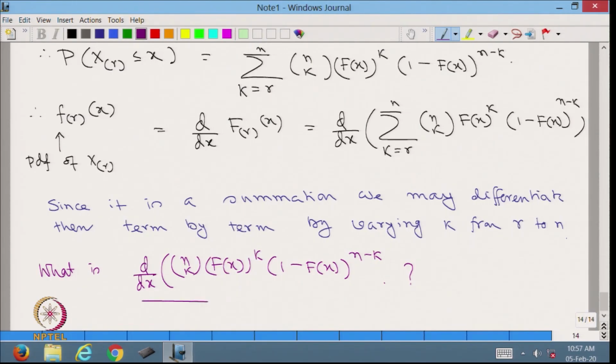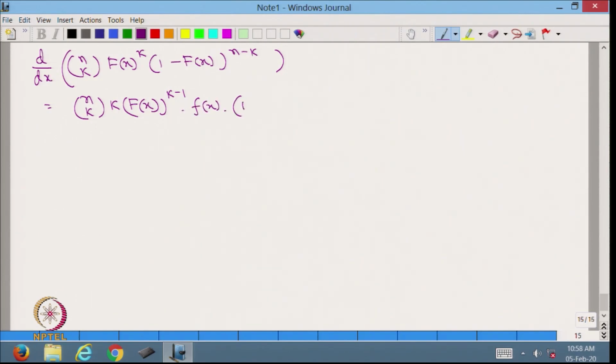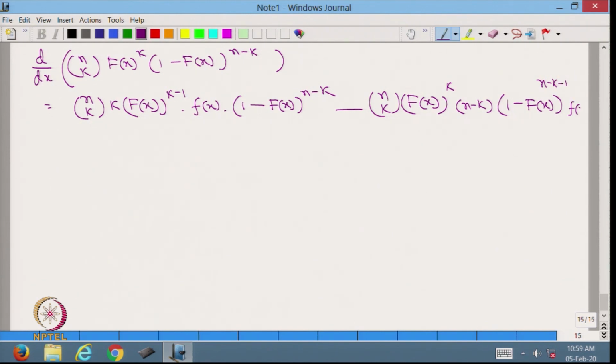So, let us first compute this. d/dx of n C k F(x)^k (1 minus F(x))^(n minus k) is equal to n C k times k F(x)^(k minus 1) f(x) (1 minus F(x))^(n minus k), minus n C k F(x)^k (n minus k)(1 minus F(x))^(n minus k minus 1) f(x).